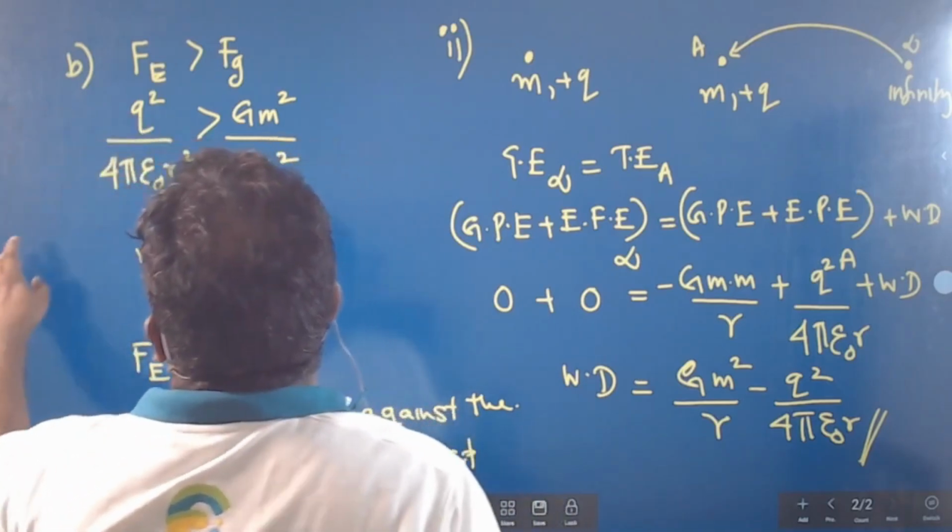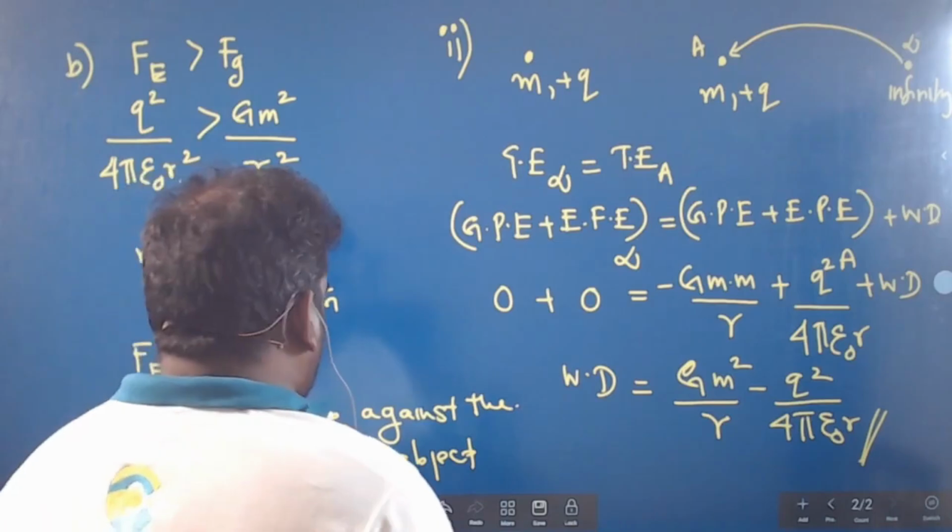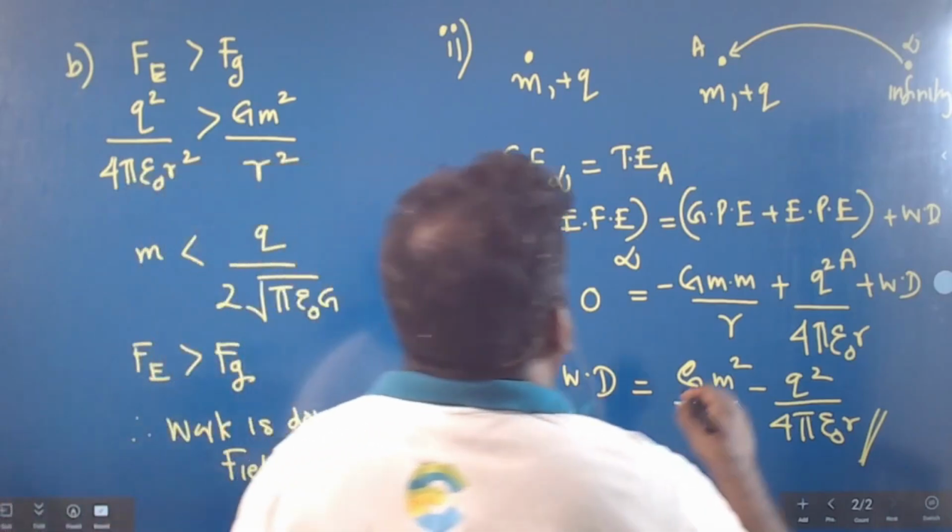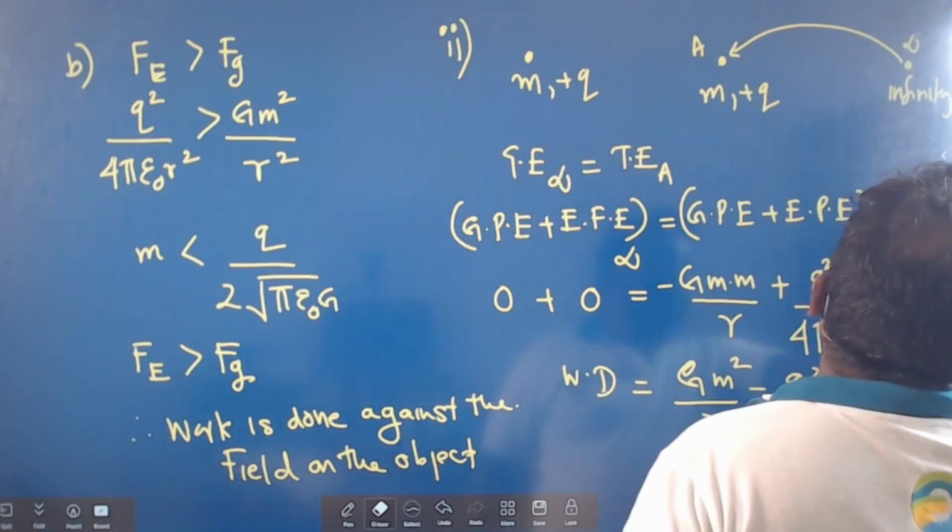So we are doing some work. Where is the work done? Work is done at infinity.